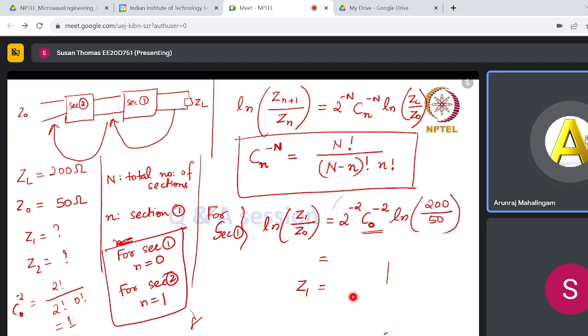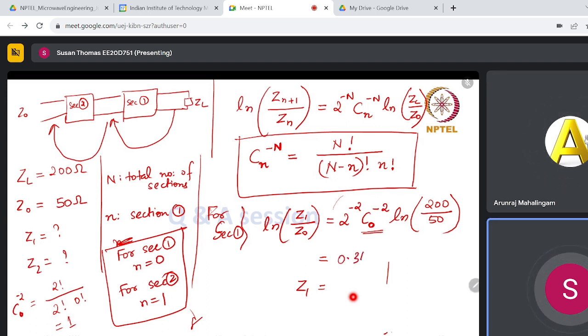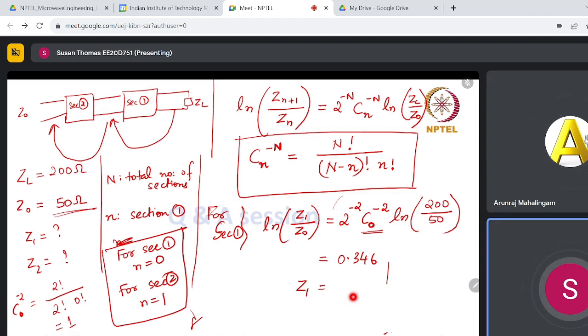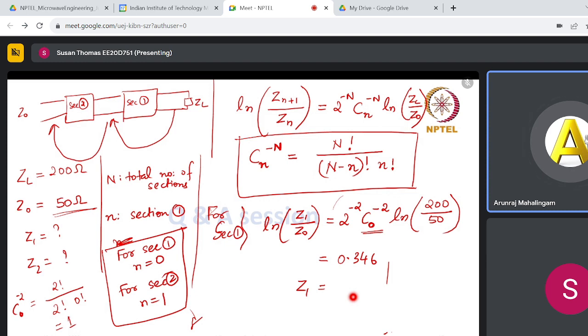Madam, the right side answer is 0.3465. Correct. Then from that, please calculate Z1. You know Z naught is 50. Not 10 power, it is ln. Remember, it is ln, so e raised to.